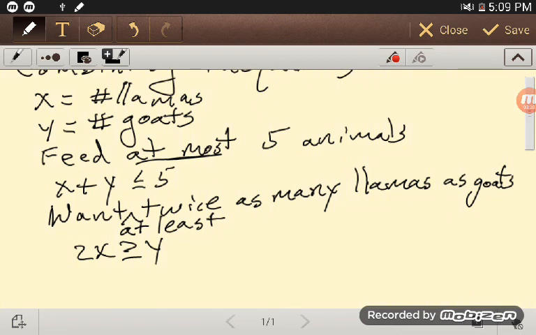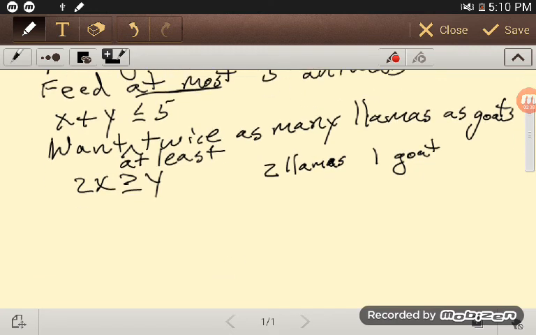So let's think about something that would work for that. I want 2 llamas and 1 goat. That works for that. That's at least twice as many llamas as goats. And so that means x equals 2 and y equals 1.